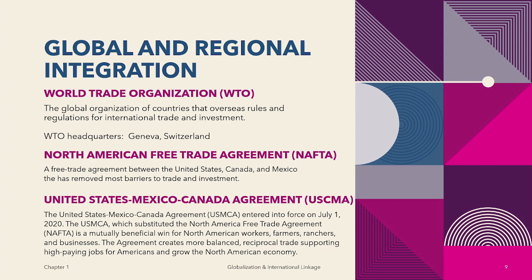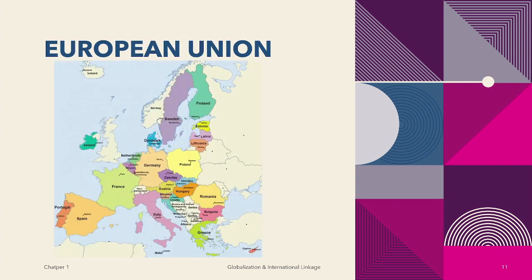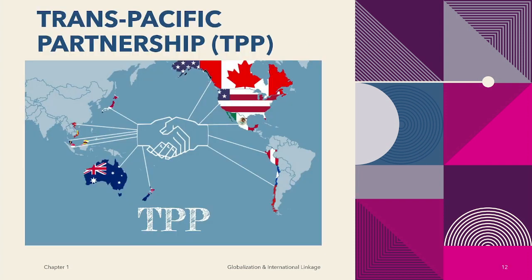So let me see here. Where did I go? Right there. Yeah. So here is the Trans-Pacific Partnership. Look at the countries around the world. The Pacific Ocean is the geographic area where there is commonality.